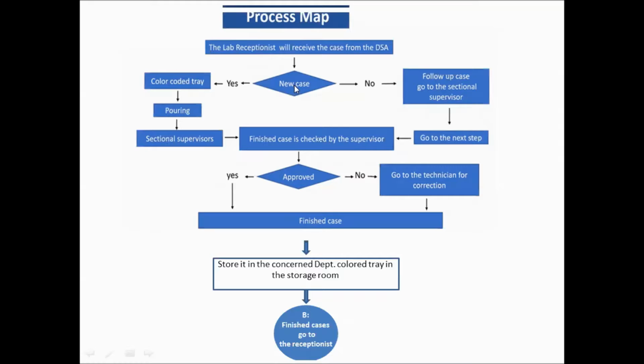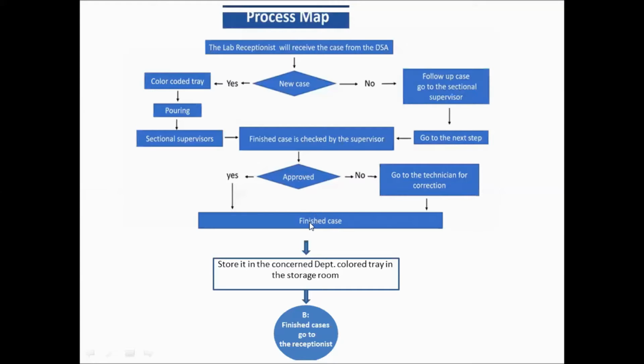If it is not a new case, the follow-up case will go to the sectional supervisor, where he will determine which step has been finished and which step is needed, and then ask the technician to do the next step. After checking, if it is approved, it will be a finished case. If it is not, it will go to the technician for correction to become a finished case.